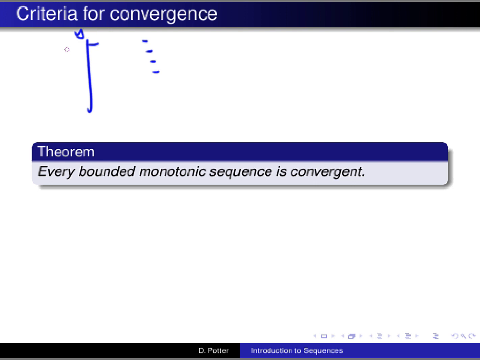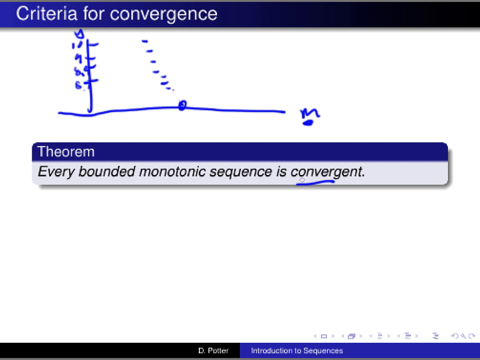So maybe it's 10 and 9 and 8.9 and 8.7. And my values keep decreasing, but if they have some minimum, then they can't decrease past that value. That doesn't mean it converges to that value, because that may not be the largest minimum, but it means that my sequence cannot push past that threshold. So the decreasing and boundedness forces a convergence.